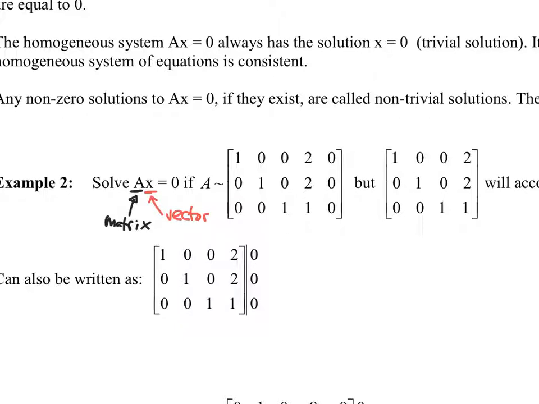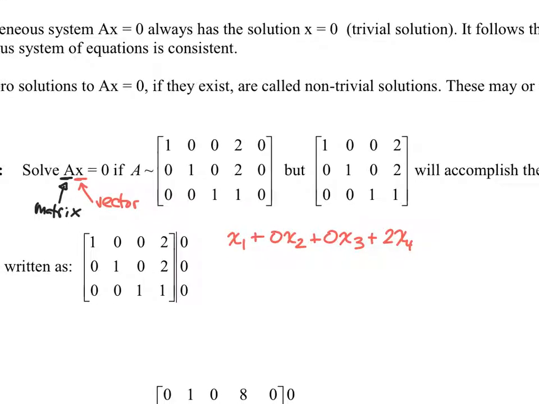So I'm looking at x1 plus 0x2 plus 0x3 plus 2x4 equals 0. You don't have to write that out in every case. I just want to do it this one time.